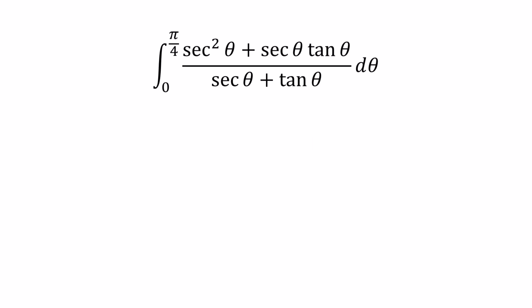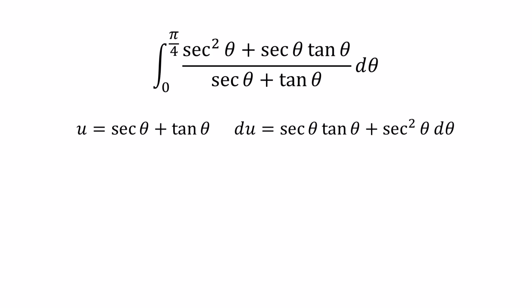Next, we let u equals secant of theta plus tangent of theta. The differential is then du equals secant of theta tangent of theta plus secant squared of theta d theta.